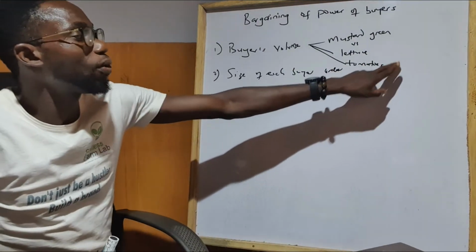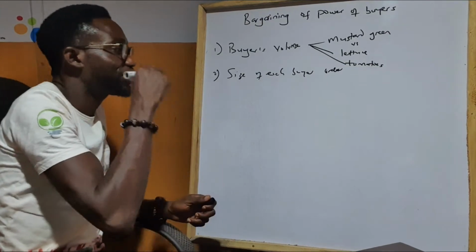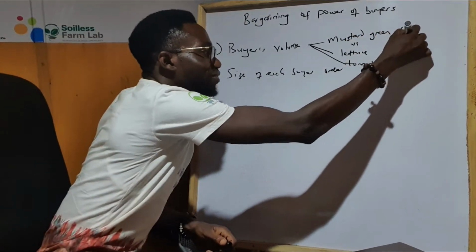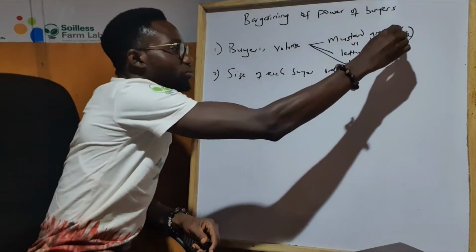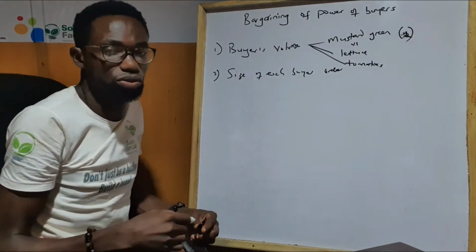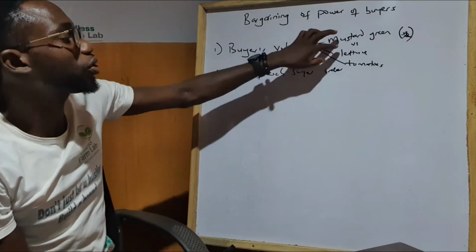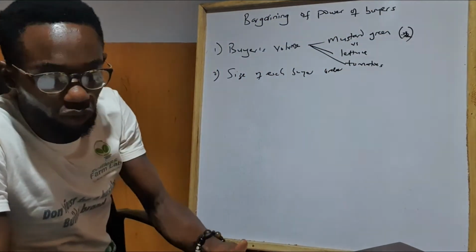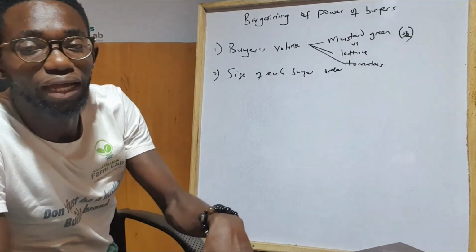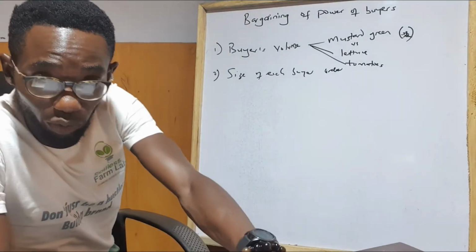Now, when we compare that to mustard green, which is a vegetable, we just have like 3 major buyers, or sure, even 3 is much, 2 major buyers that we sell mustard green to. Because we have just 2 major buyers, every time we are rounding up a cycle and need to start, we always have to call these guys: what volume do you need now?